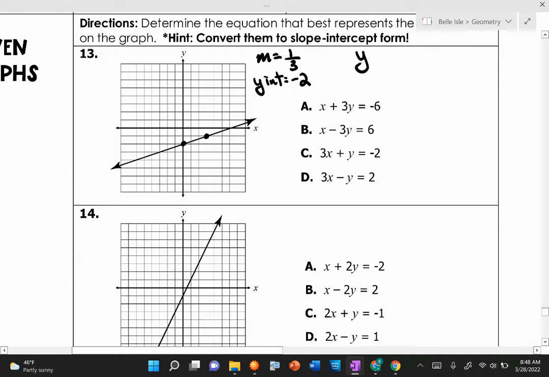So my slope-intercept form should be 1/3 x minus 2. You're going to have to solve each one to figure out which one is which.